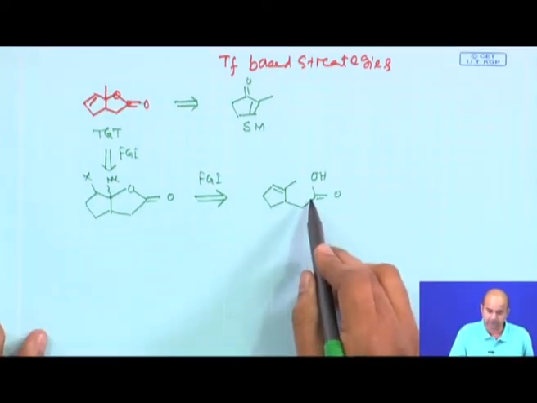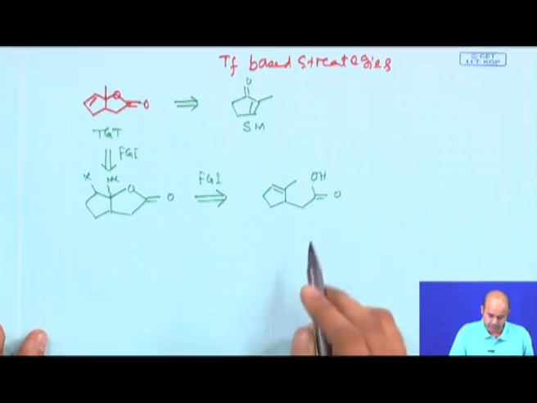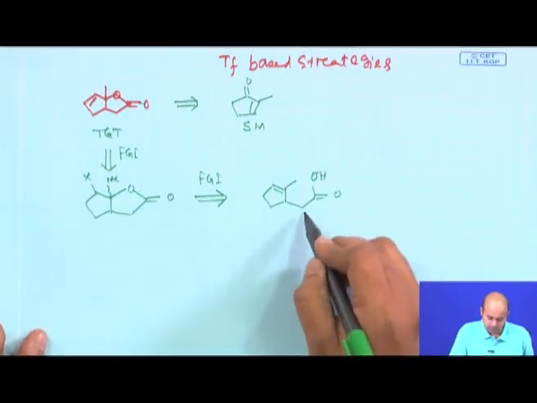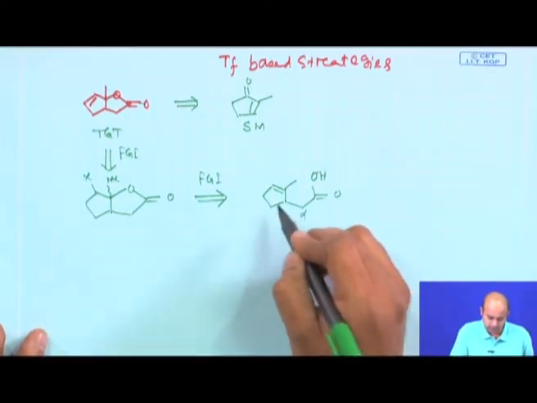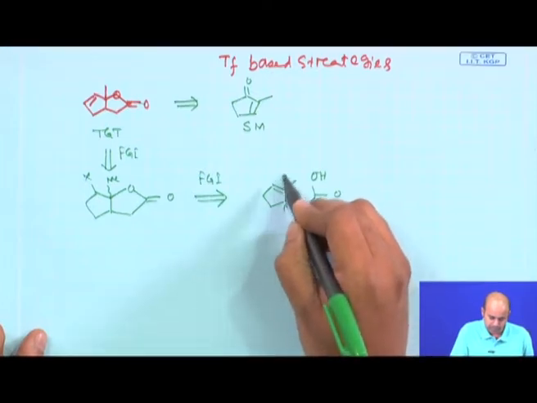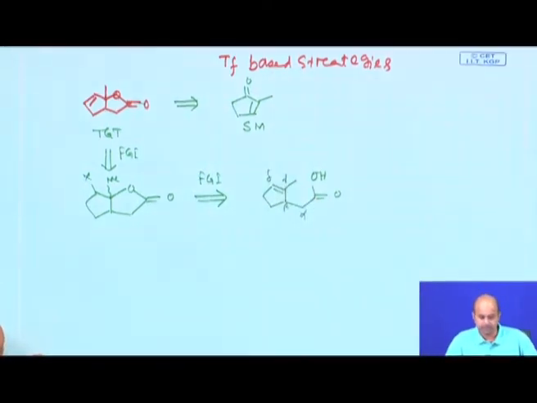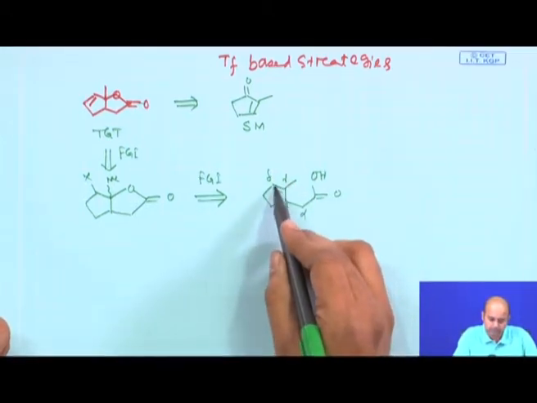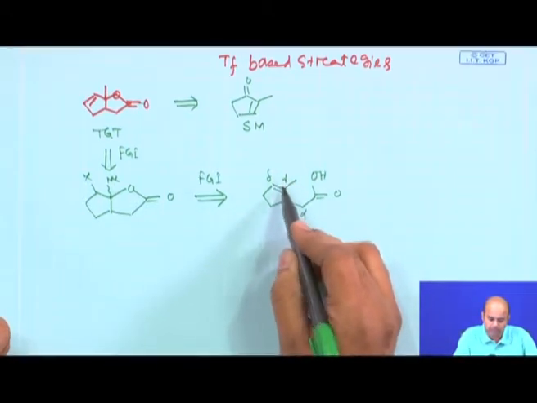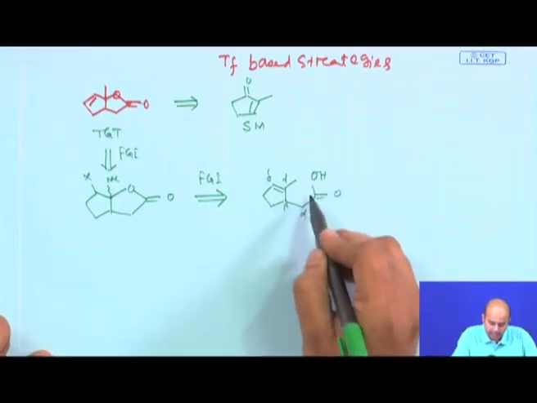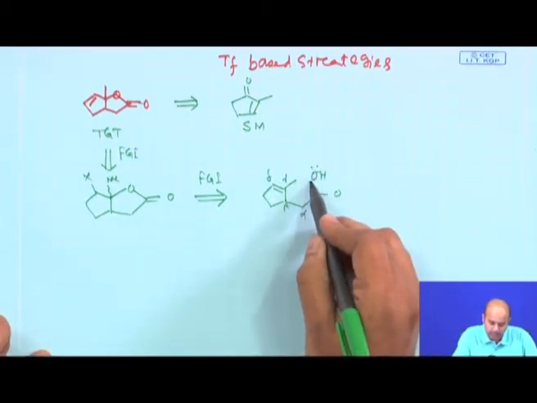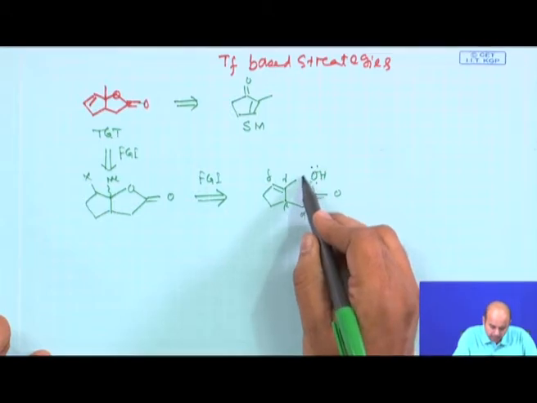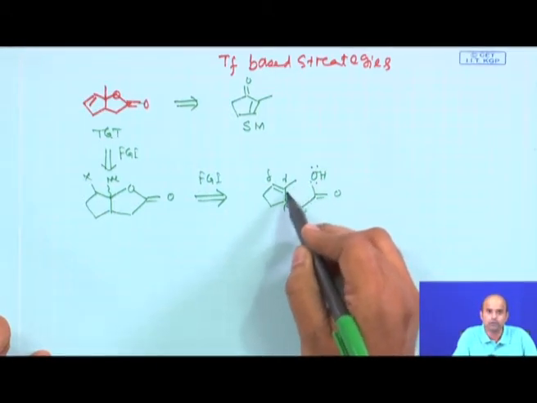Now, if you have this acid, what kind of acid is it? If you try to give the nomenclature with alpha, beta, gamma, delta, this is basically a gamma, delta unsaturated acid. Now, you will be doing an iodolactonization reaction, and then the OH of this carboxylic acid will do this ring closing to give you a lactone.